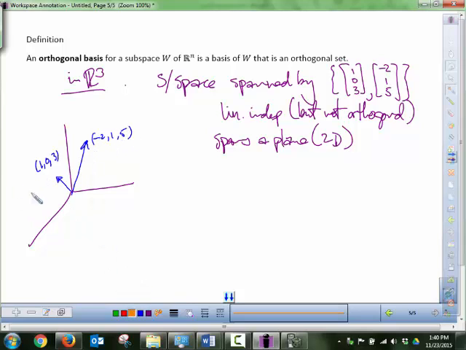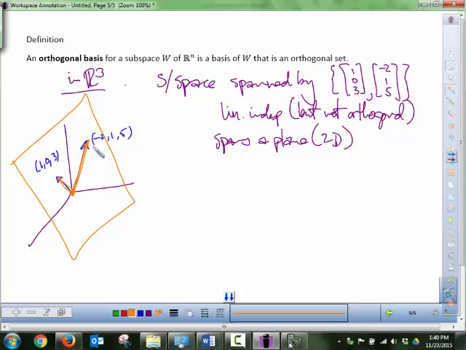We said this thing spans a plane, so let me draw a plane here and see how this would look. That plane goes through the origin, and these two vectors are on the plane.